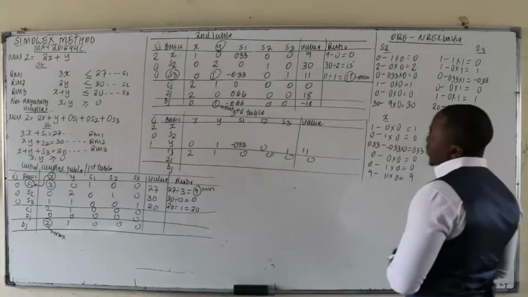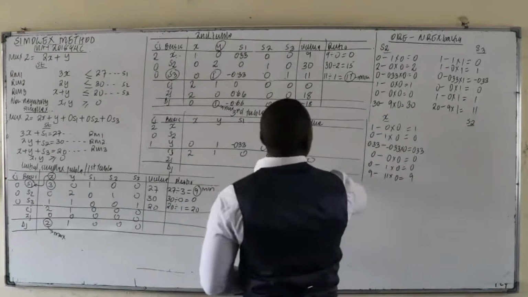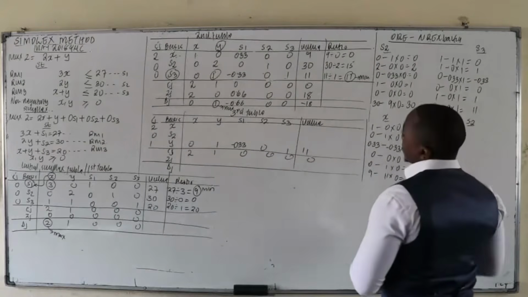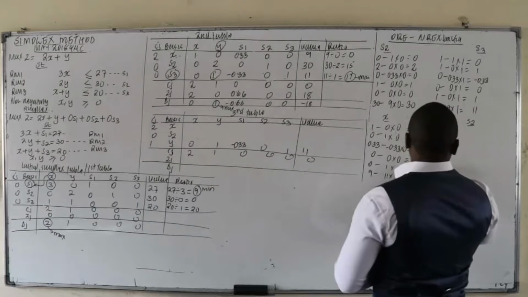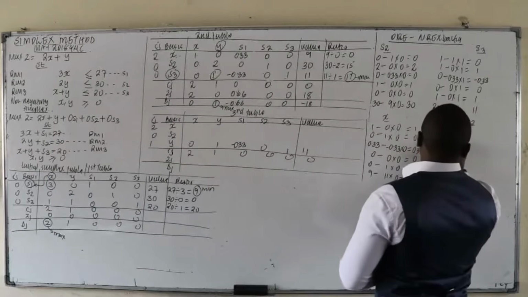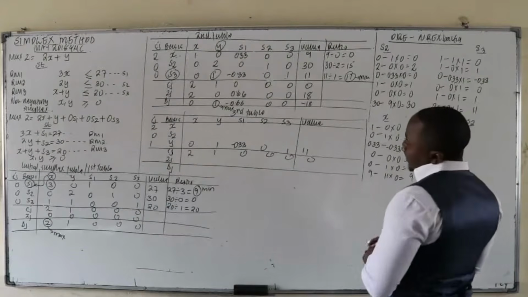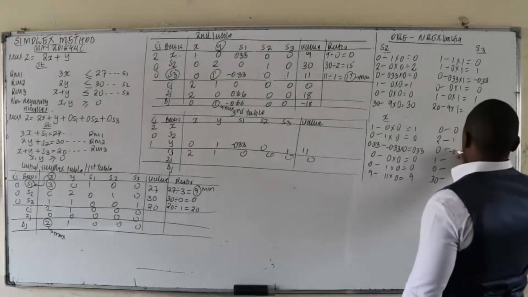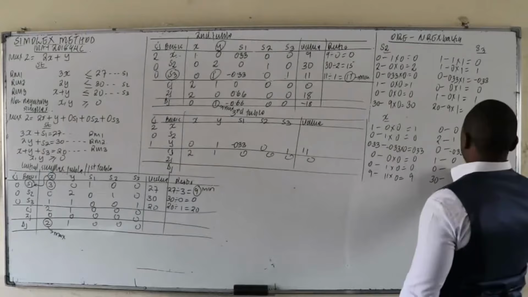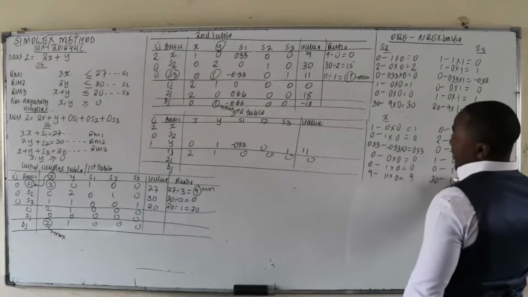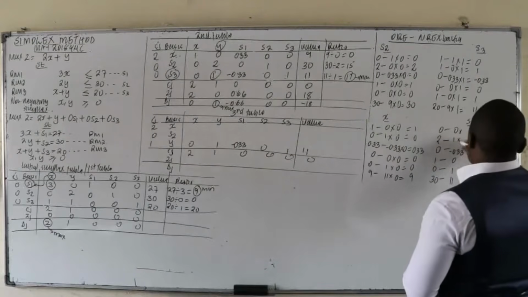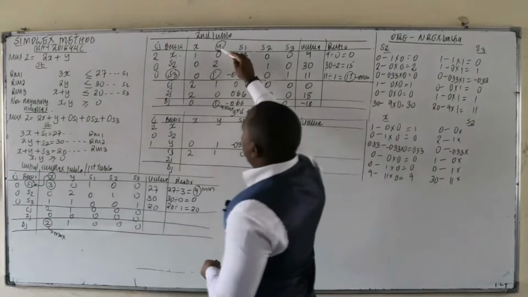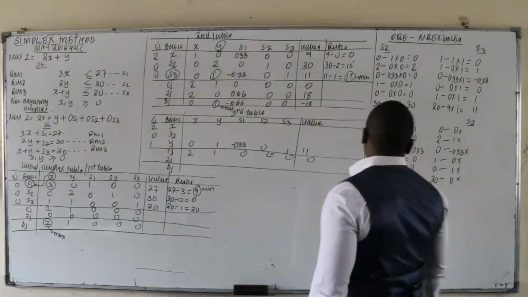For S2, the original row element we had was 0, 2, 0, 1, 0, and that. Then you minus the new row element. So our new row element is 0, 1, negative 0.33, 0, 1, and 11. Then you multiply by the balancing figure. For S2, the balancing figure here is 2.